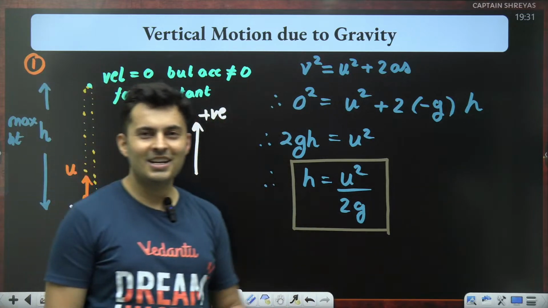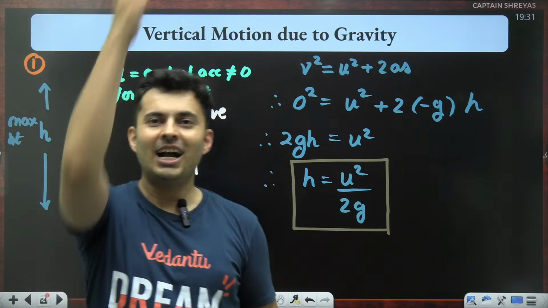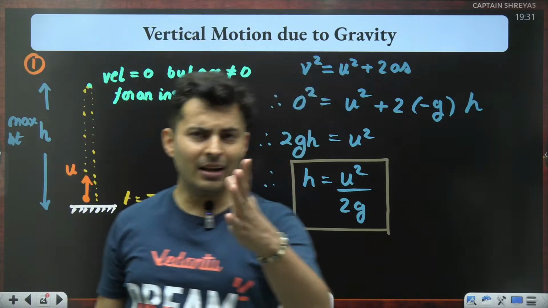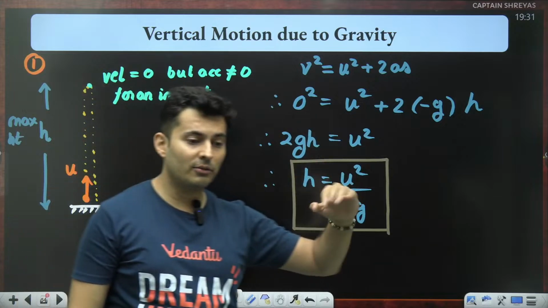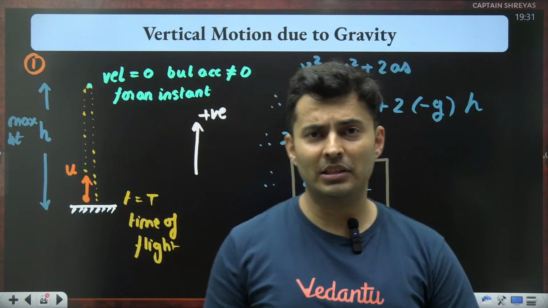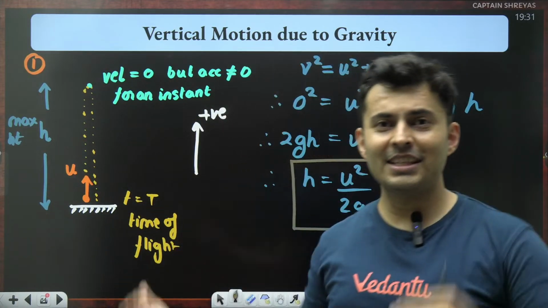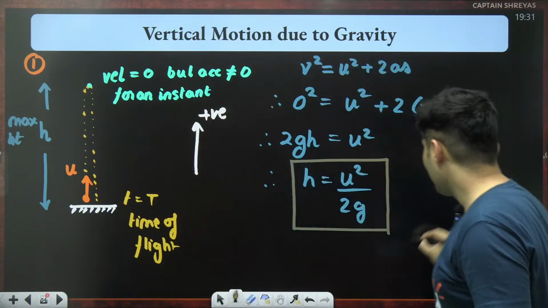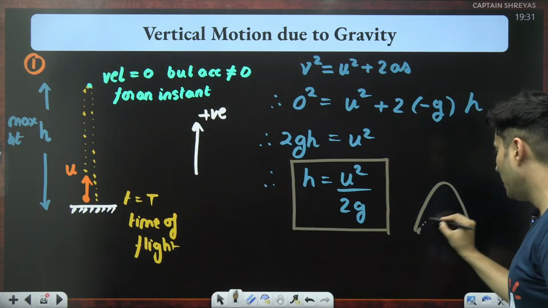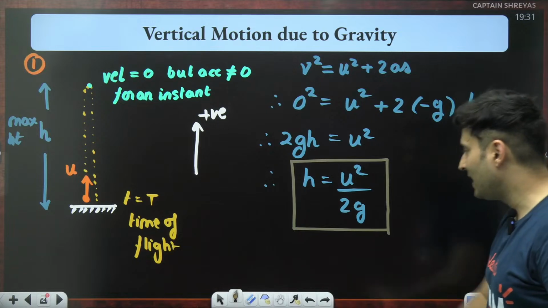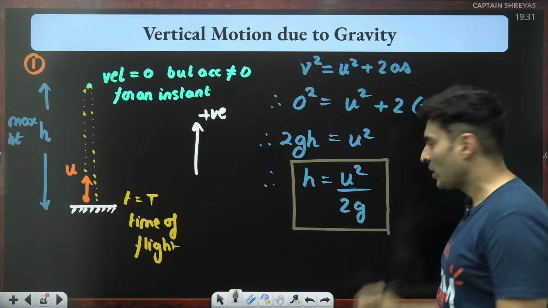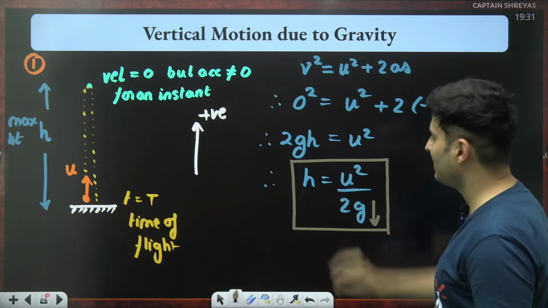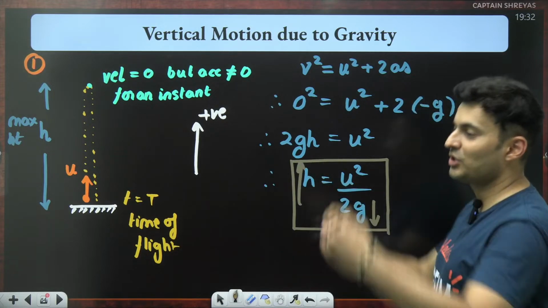So this is the maximum height which a particle will go. You tell me the speed, I know the acceleration due to gravity, I know how high it will go. It kind of makes sense. If you go on the moon, you might have seen those old videos of Neil Armstrong jumping on the surface of the moon. They go really high as compared to that on Earth. Why is that so? It's because of g. g is downstairs. So if the acceleration due to gravity is less, the height that you go up is more.